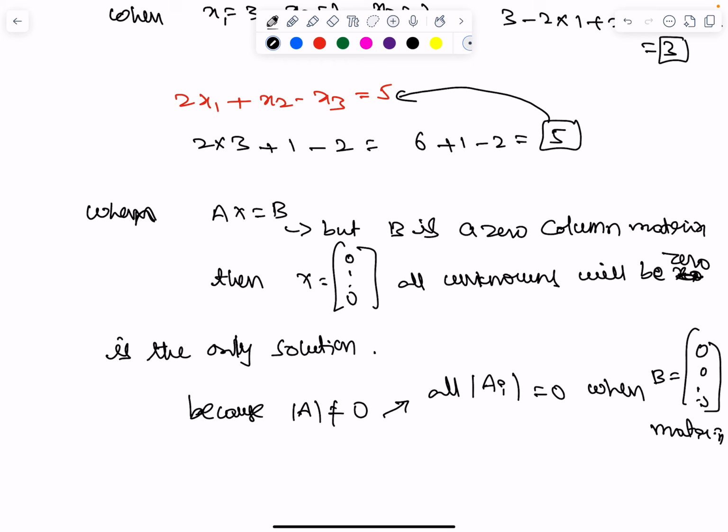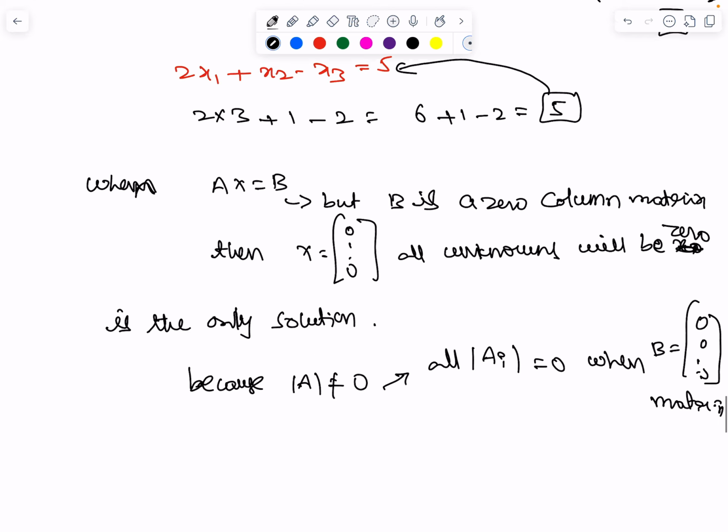Ai's are obtained by replacing each column of A by elements of B, but the elements of B are 0. Therefore, Ai's determinant is going to be 0 in each case. Hence, you are getting a zero solution.